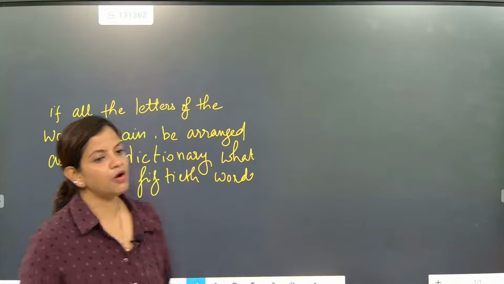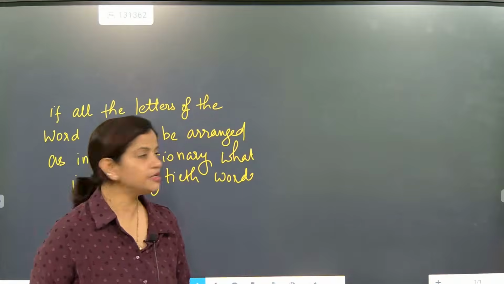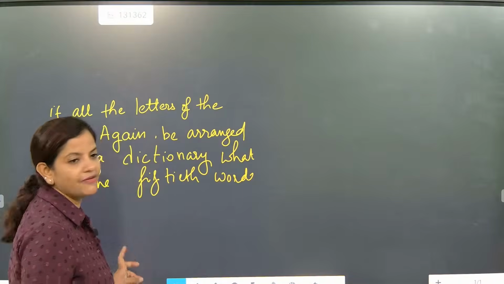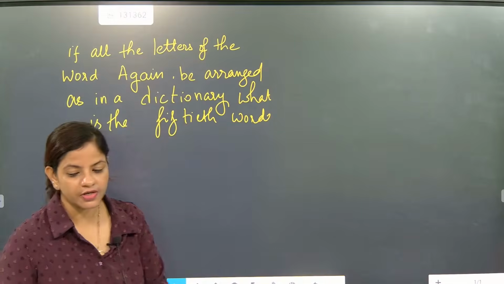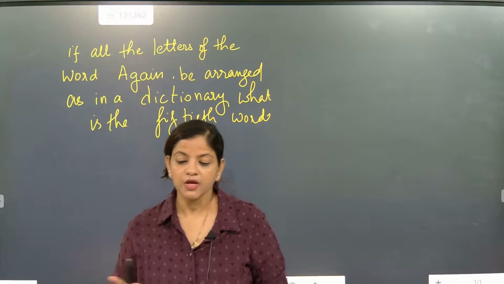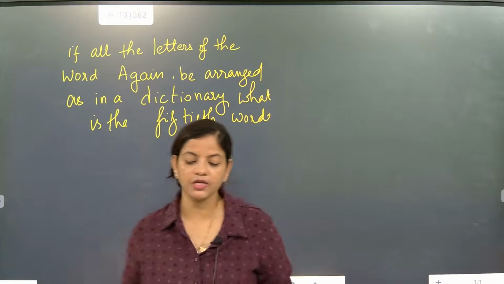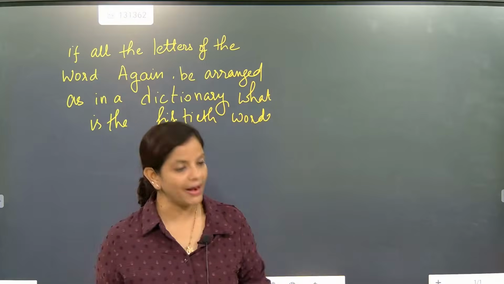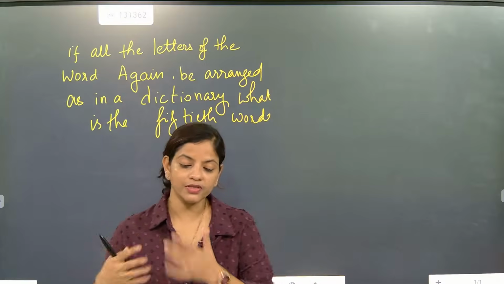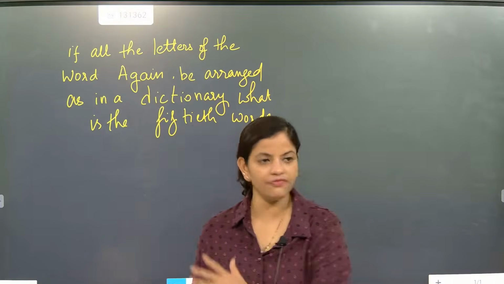In a dictionary, the words are always arranged in alphabetical order. Absolutely correct, Rudra, Himanshu, Sujata. So when we are making a pattern of dictionary words, one thing we must remember is that it goes in alphabetical order.